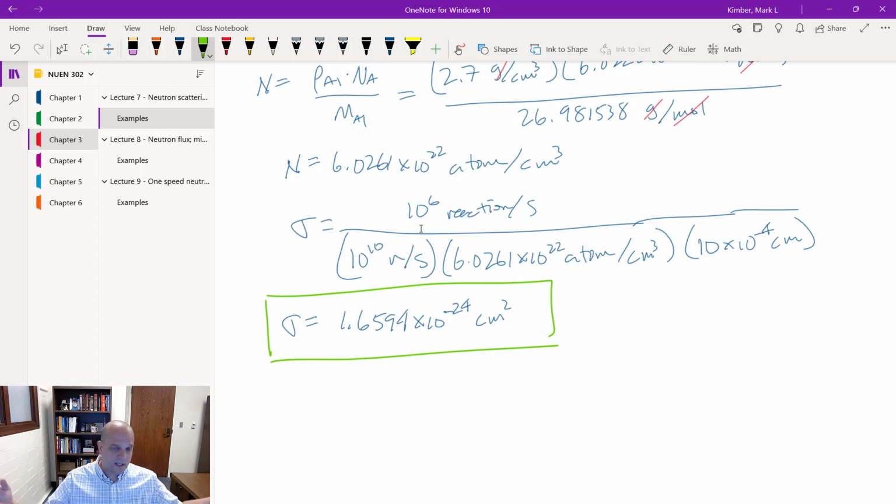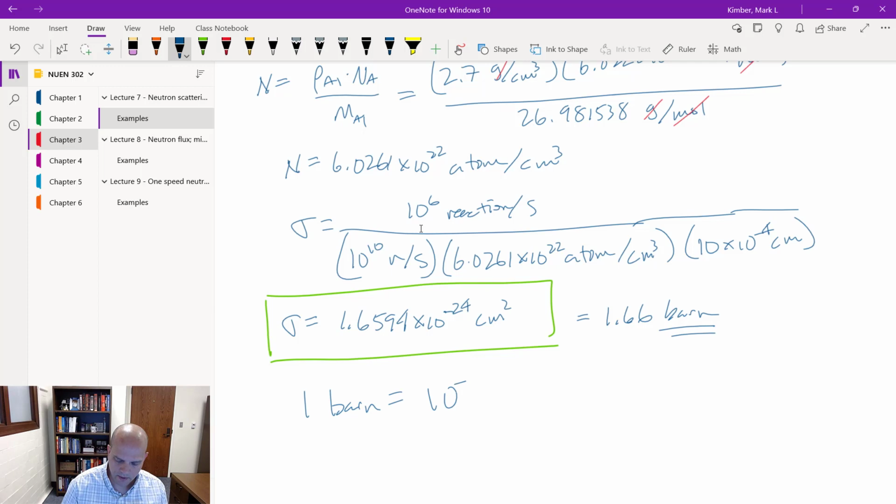You got the atom that's this big and the nucleus that's this big, and we're trying to hit that little target. And so how big is that target? But because we get tired of writing 10 to the minus 24, this is going to be 1.66 barn, where 1 barn equals 10 to the minus 24 centimeters squared.